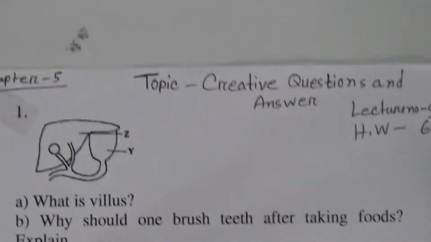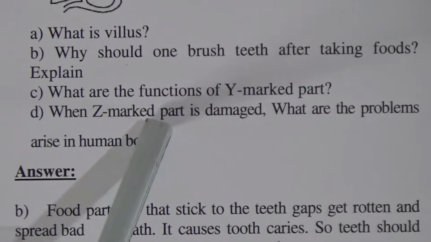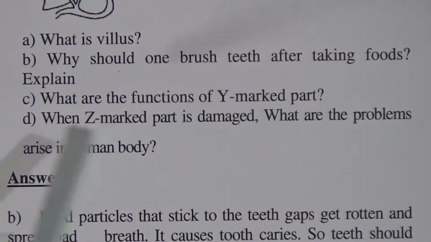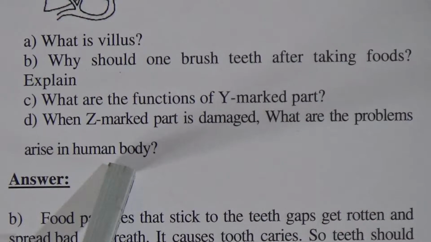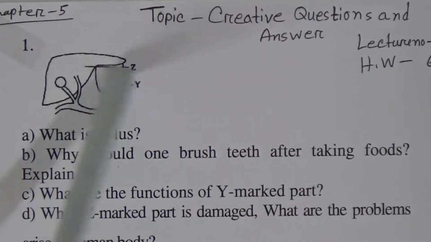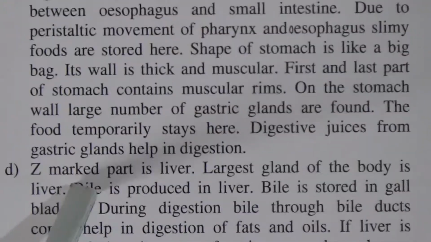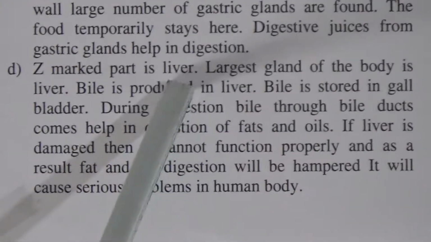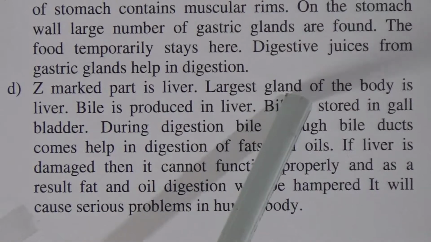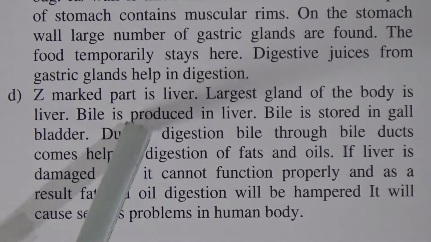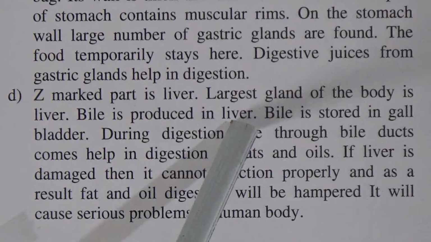Our D number question was, when Z mark part is damaged, what are the problems that arise in the human body? That means this one is Z mark. The answer will be, Z mark part is the liver. The largest gland of the body is the liver. Bile is produced in the liver.